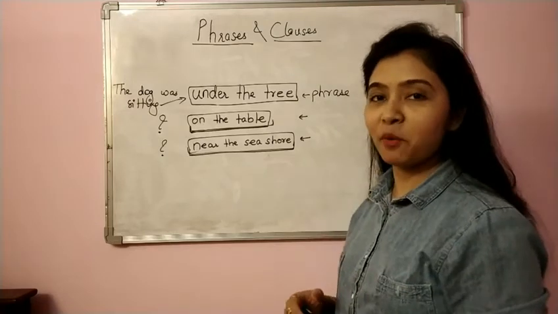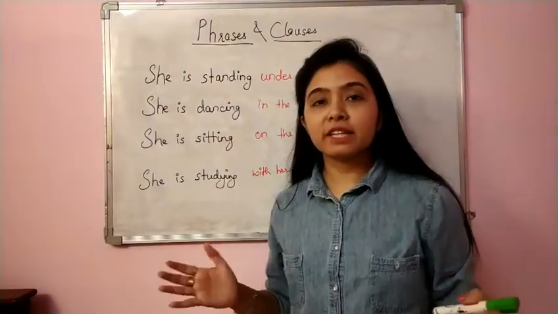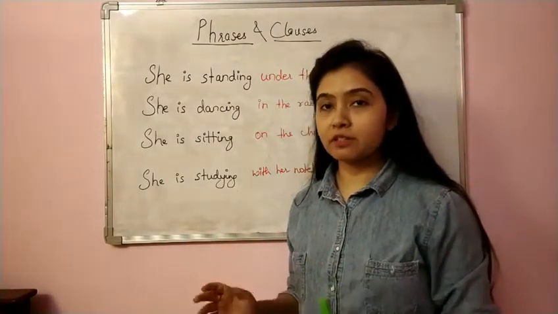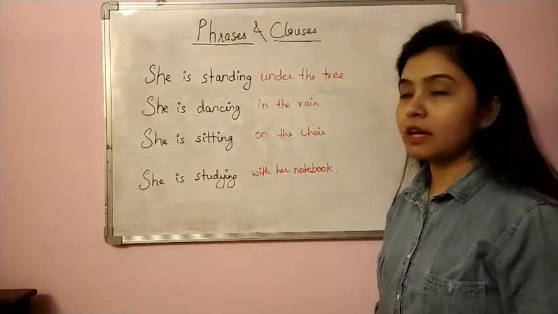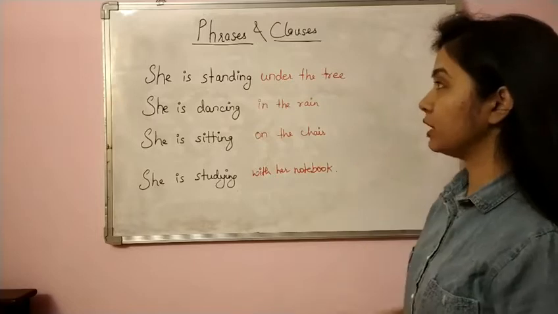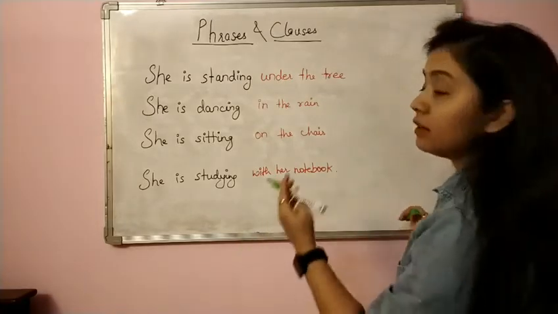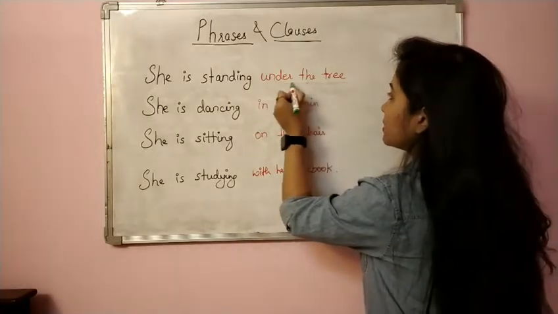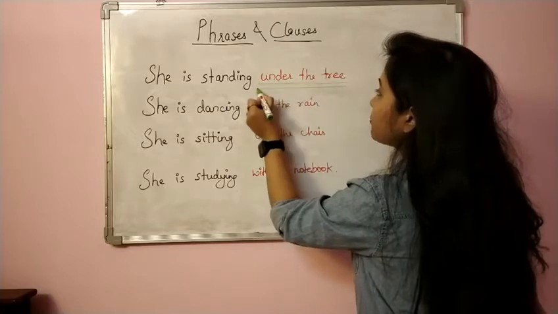So let's see some more examples. So let's understand the meaning of phrases with the help of these examples. So let's read the first sentence. She is standing under the tree. So here under the tree will be called a phrase.